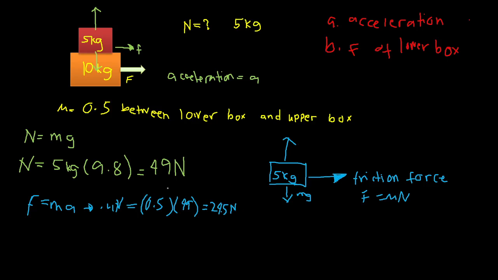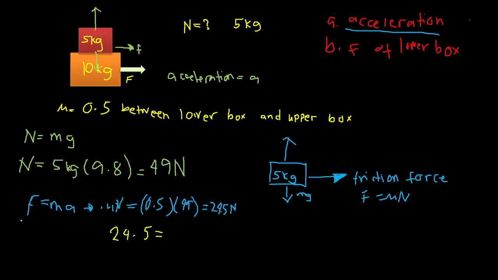Then, meron na tayong given na force. So, pwede na nating makuha yung acceleration. So, let's continue. So, ang ating friction ay 24.5 equal to mass natin na 5 kg, di ba?